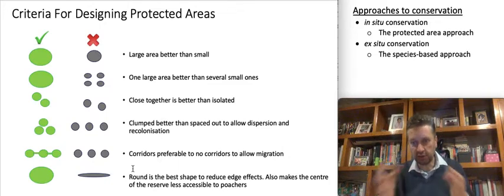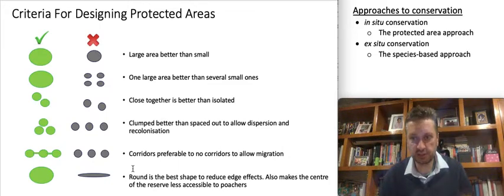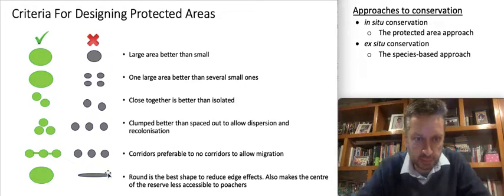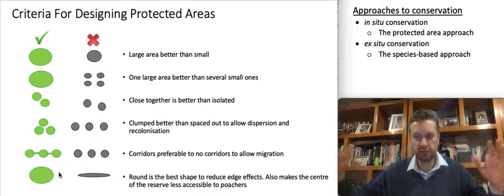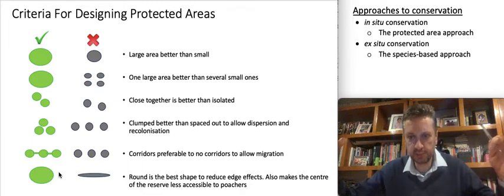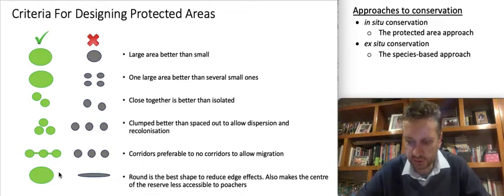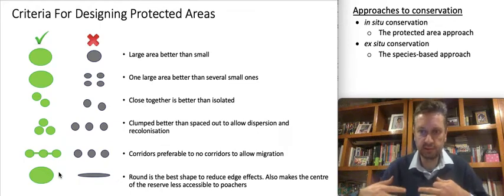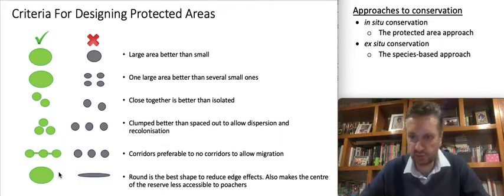Edge effects, if you have islands of land, are basically the deleterious effects you get around the edges. The most stable part of a protected system is going to be in the centre, and you have this kind of gradient of bad effects from the edges inwards. Those are caused by things like it makes it easier around the edges for invasive species to enter.